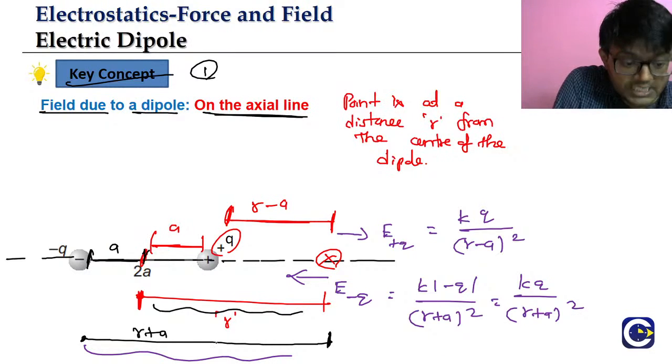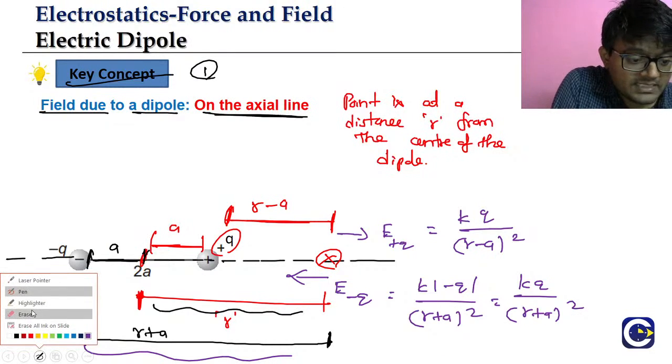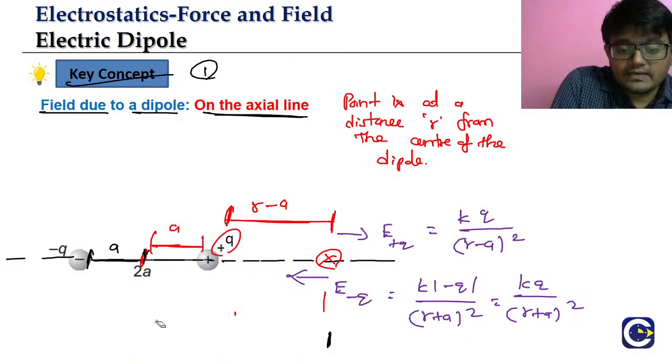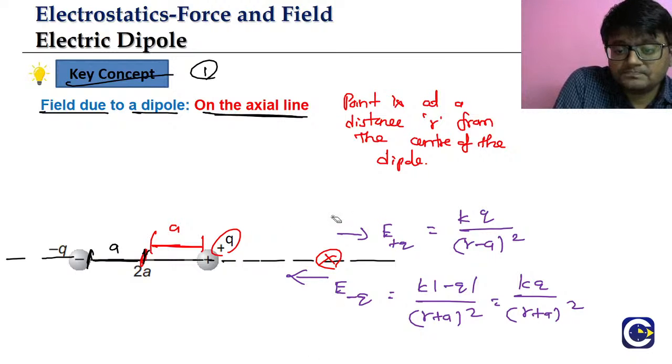Anti-parallel இருந்தா they will be opposing each other or cancelling. They will not be completely cancelling. One will be higher. We can clearly see which is higher.